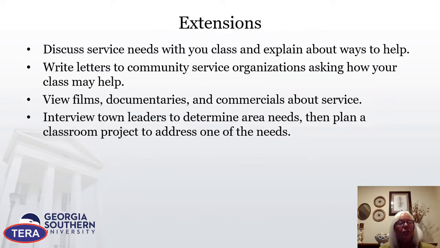Now, the extension to this, often we discuss service needs in class and explain about the multiple ways that we can bring to help. We write letters to our community service organizations asking how your class or my class may be of help. We view films, documentaries, and commercials about service, and we've even interviewed town leaders to determine area needs, then plan a classroom project to address one of the needs.